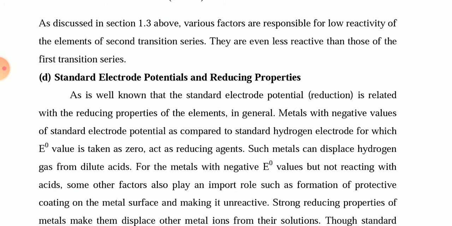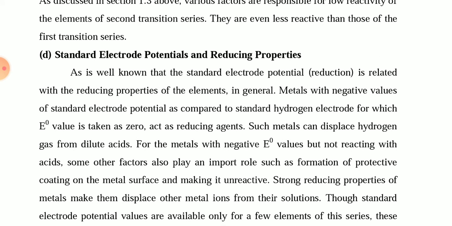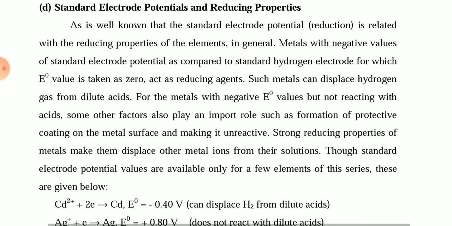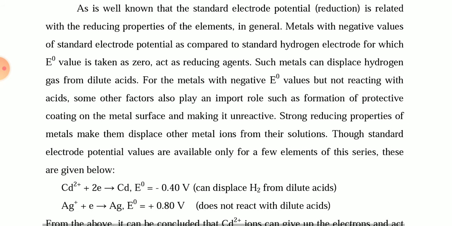As we know, the standard electrode potential is for a reduction process, and the reducing properties of the element also matter. So here you can see cadmium and silver. These are the oxidation reactions for cadmium and silver.